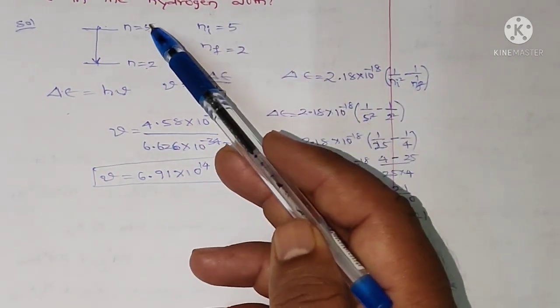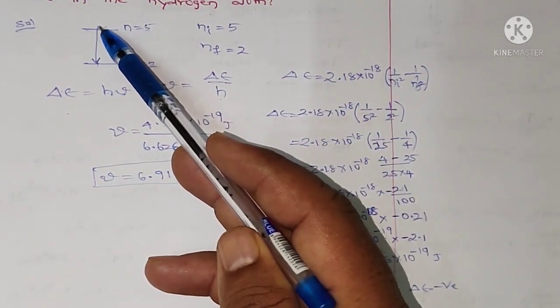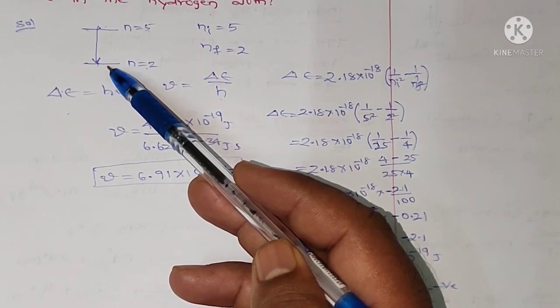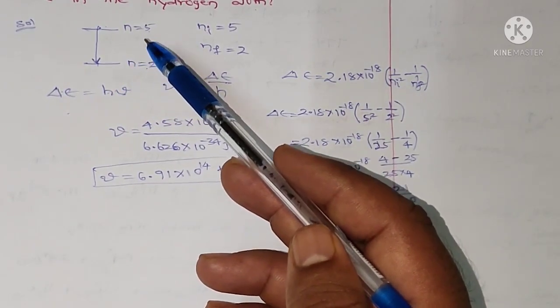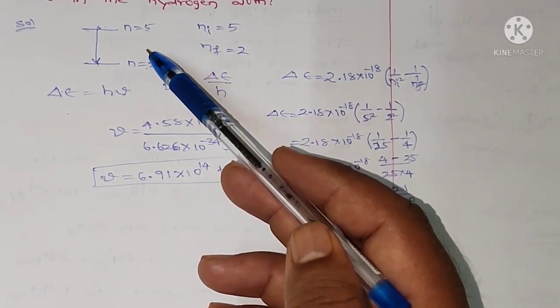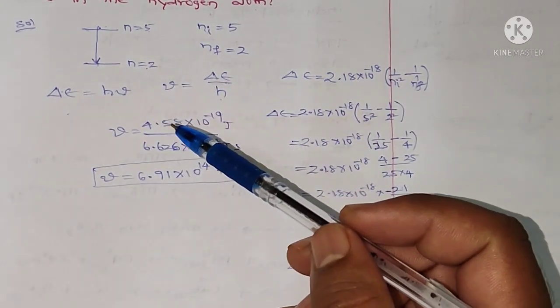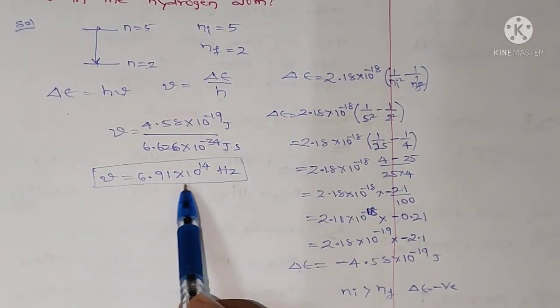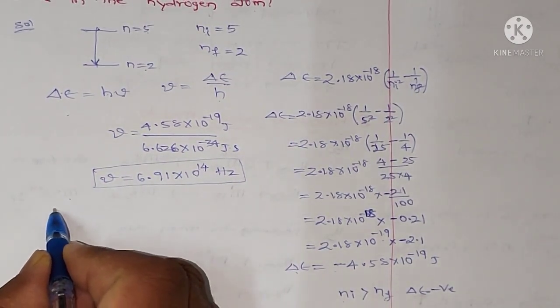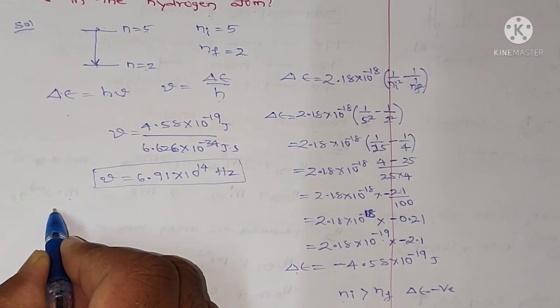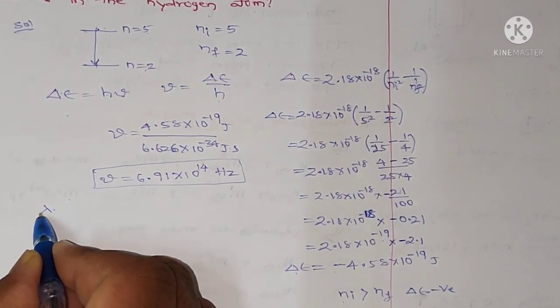So here the photon comes from a higher level to the lower second level, then this series is called the Balmer series, and this series appears in the visible region, and this is the frequency. Then let us find that wavelength.